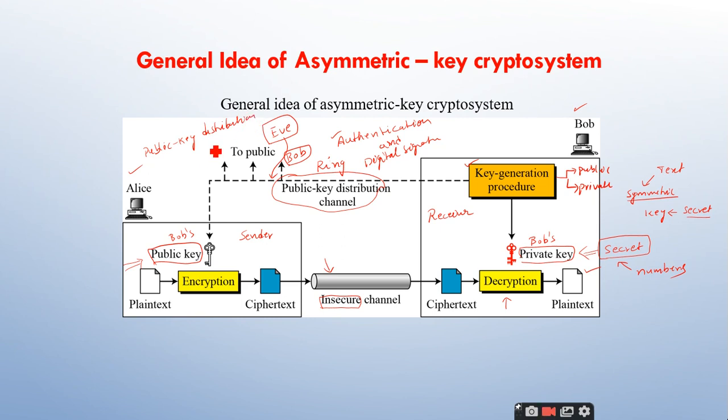There we will see how we are going to securely authenticate the public keys, whether that is the key of Bob, or Chandu, or Eve. That is called authentication. Everything we will discuss in public key distribution. Clear?